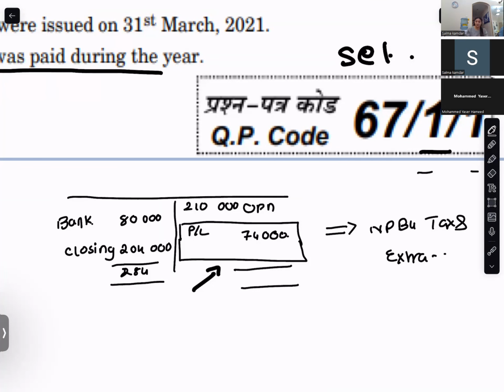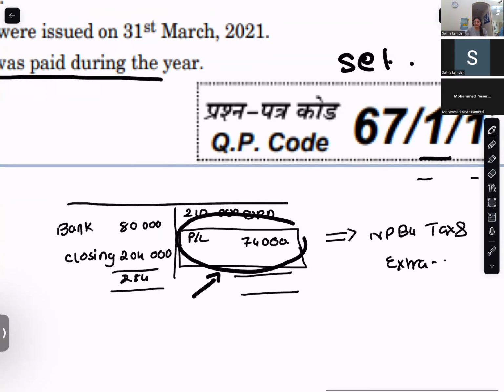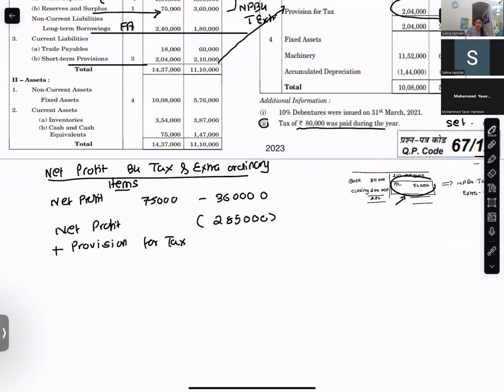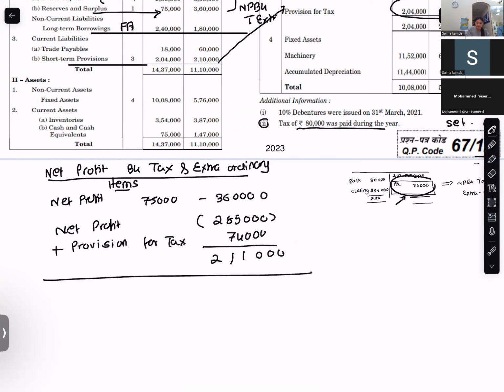This amount will go in my net profit before tax and extraordinary items, so I will add the 74,000. So my net profit before tax and extraordinary items is 2 lakh 11,000. This will become my working note number 1. Are you with me? Yes.